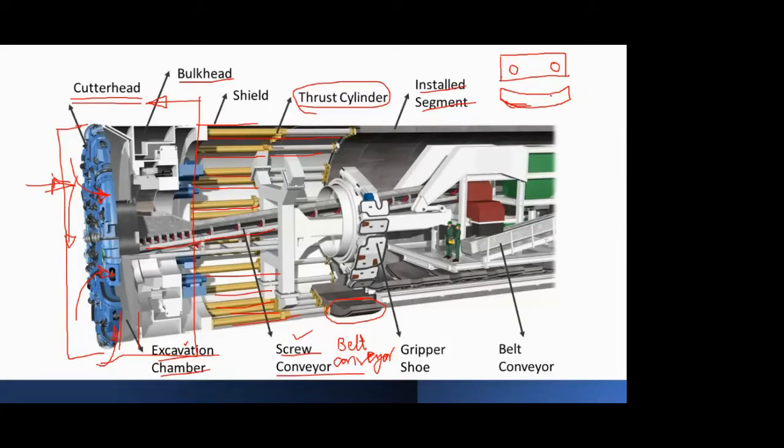The side view also will be more or less the same kind of view, something like what you can see in this photograph over here. Such segments are cast on the site itself, in the construction yard, which might be nearer to this tunnel site.